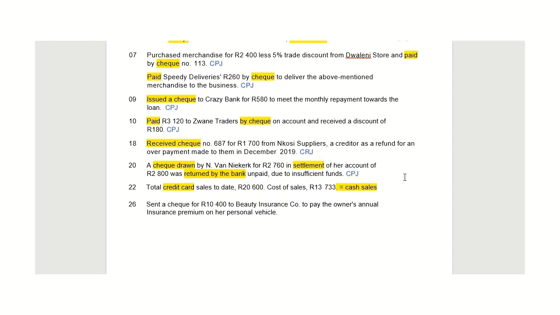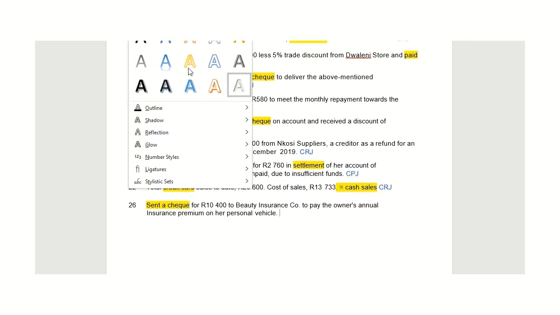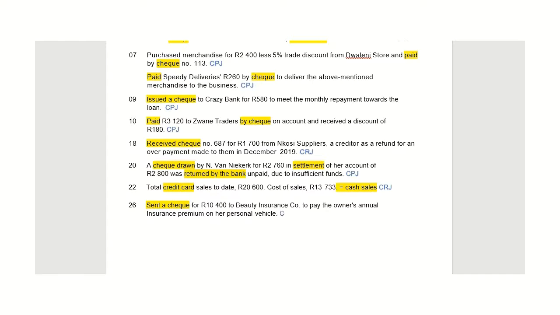Cash sales, we receive money, so it's a CRJ. Send a check. Send, pay, issue, all basically the same meaning, to pay the owner's annual insurance premium. So if we send a check, we pay a check, so it's a CPJ.